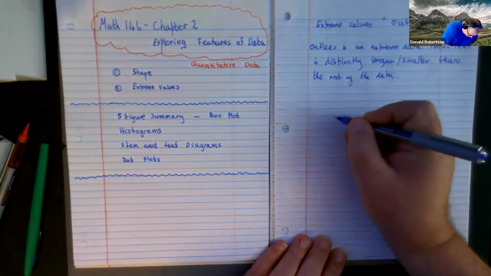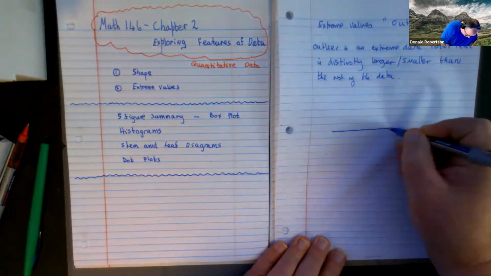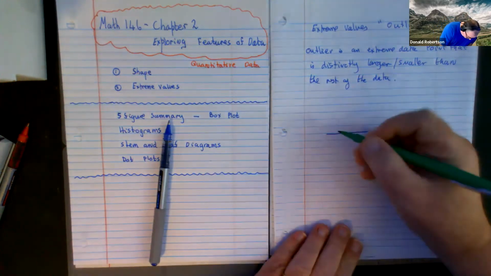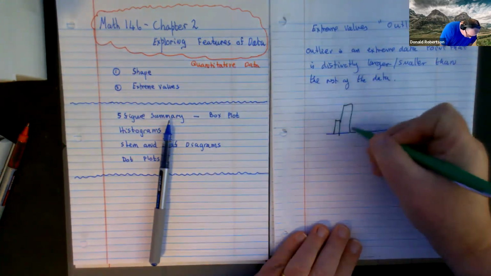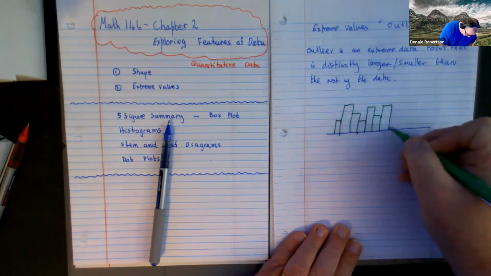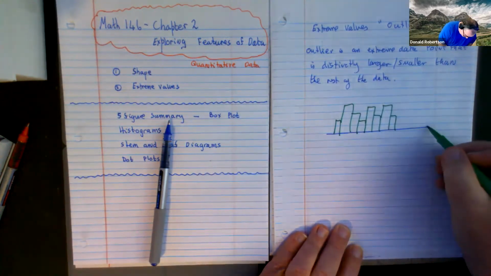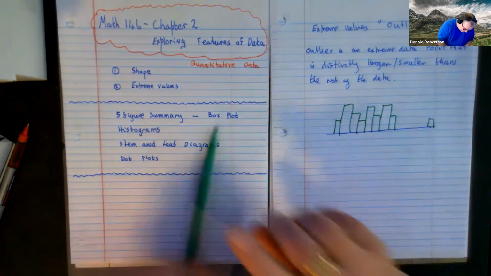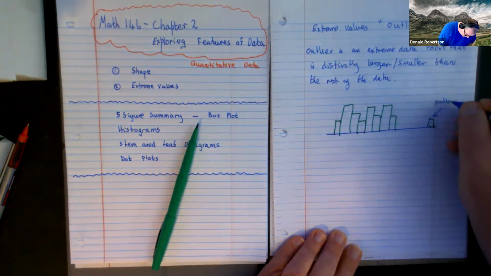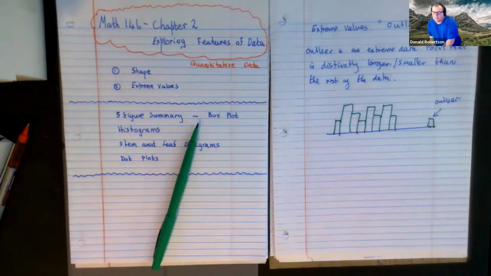If you were trying to imagine what an outlier might look like, imagine I have a histogram and it looks something like this. So it's a pretty random set of data. You see that poor little guy out there? Isn't he an outlier?